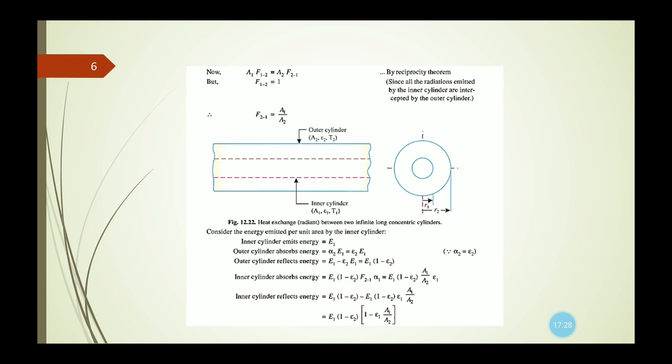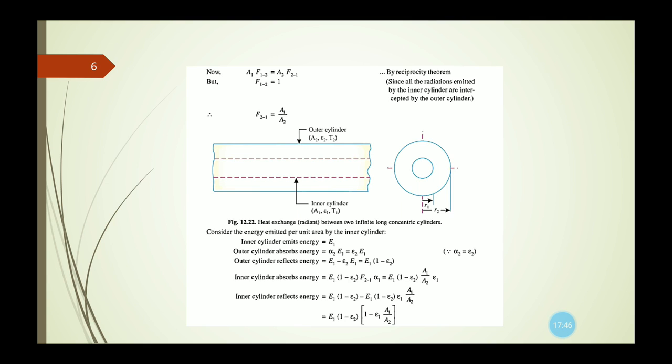So this is the formula for the reciprocity relation, A1 F12 equals A2 F21. But in this case F12 equals 1. So what is the reason? Because all the radiation emitted by the inner cylinder is intercepted by the outer cylinder completely. So in that case F12 will be equal to 1.